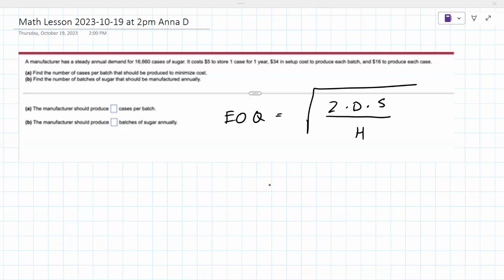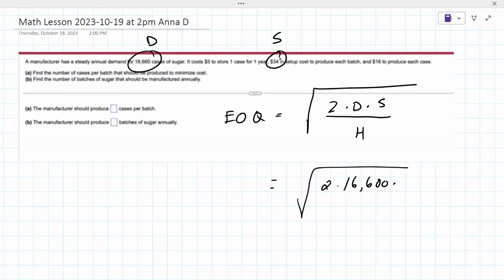So it's the square root of the demand, which is 16,600. The setup cost, that 34 is the setup cost. That's S. And then the holding cost is the price on the, I'm sorry, they called this the holding cost.